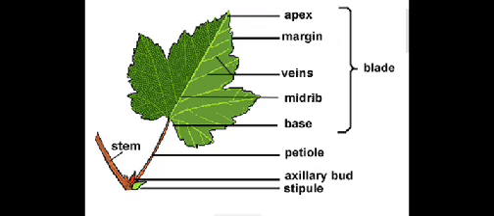Okay, the petiole, we already discussed, is the stalk of the leaf. The base is the point where the stipule ends and the leaf starts to grow, that is the base of the leaf. The midrib, we have discussed, is the main vein from where the leaf gets all the nutrients and water supplied from the stem, from the roots.